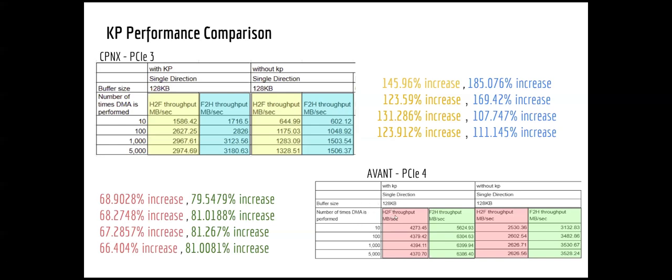Running the host to FPGA with KP and without KP in red, and FPGA to host with KP and without KP in green. The reason for this increase is the fact that the kernel plugin sits in the kernel mode. Now, in these tests, the interrupt was raised after each routine.